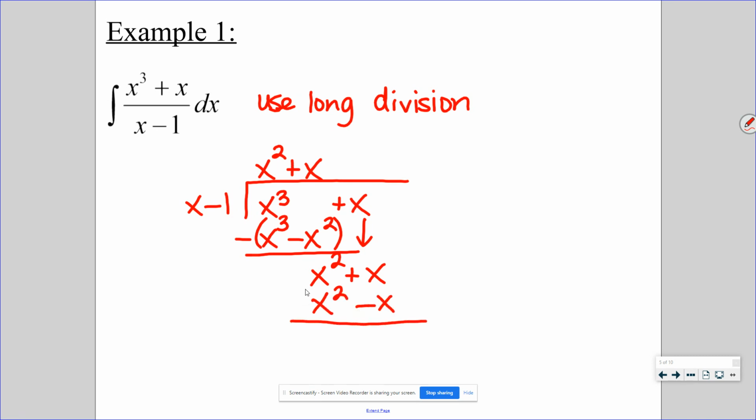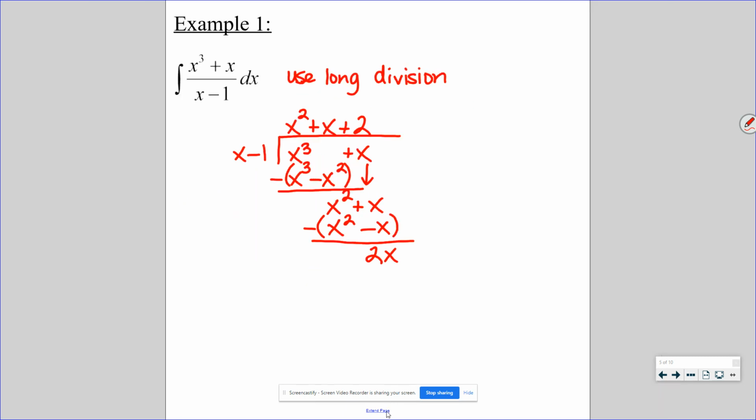Subtract those two things, and you would get 2x. And then one more time, x times what is 2x? That would be 2. So we get 2x minus 2. Subtract. And you get a remainder of 2.